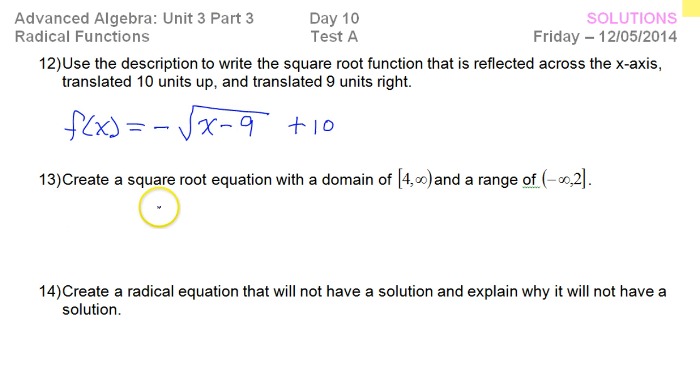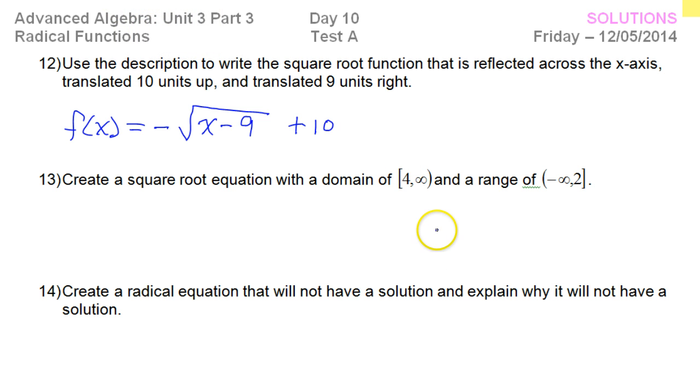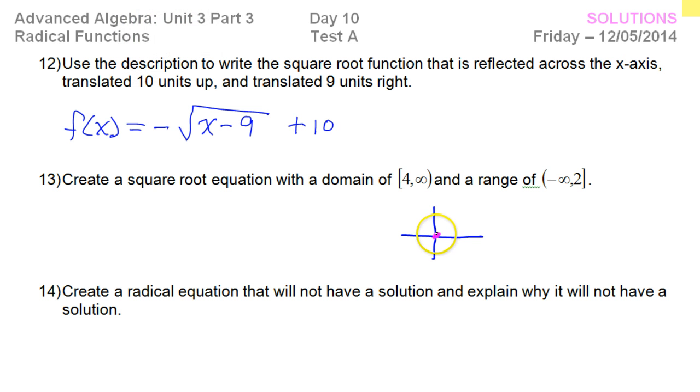Alright, so number 13. Again, we're supposed to create a square root function, but this time we're given the domain and the range. Okay, so the domain being 4 to infinity. The parent function for a square root function starts out like this, it starts out at 0, 0.